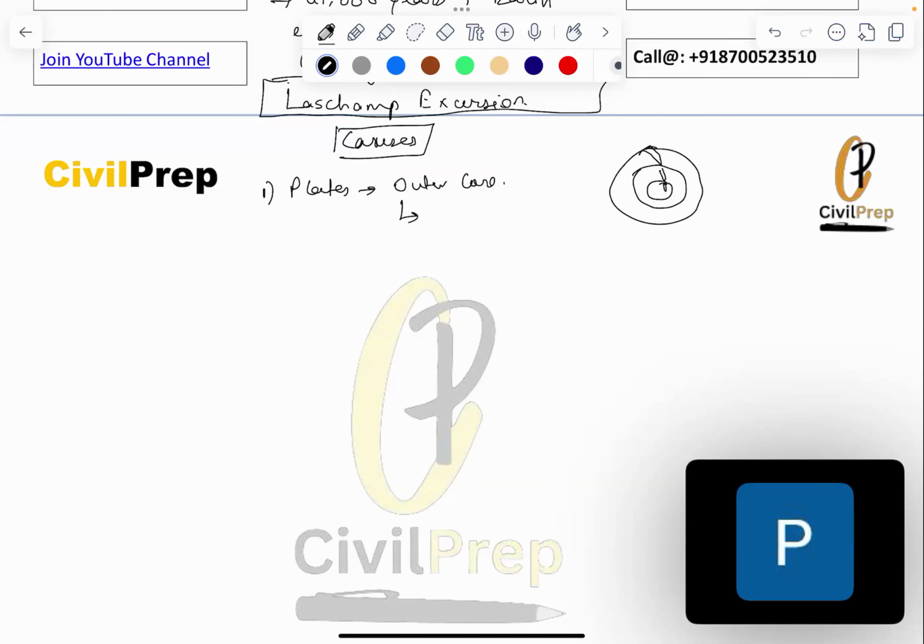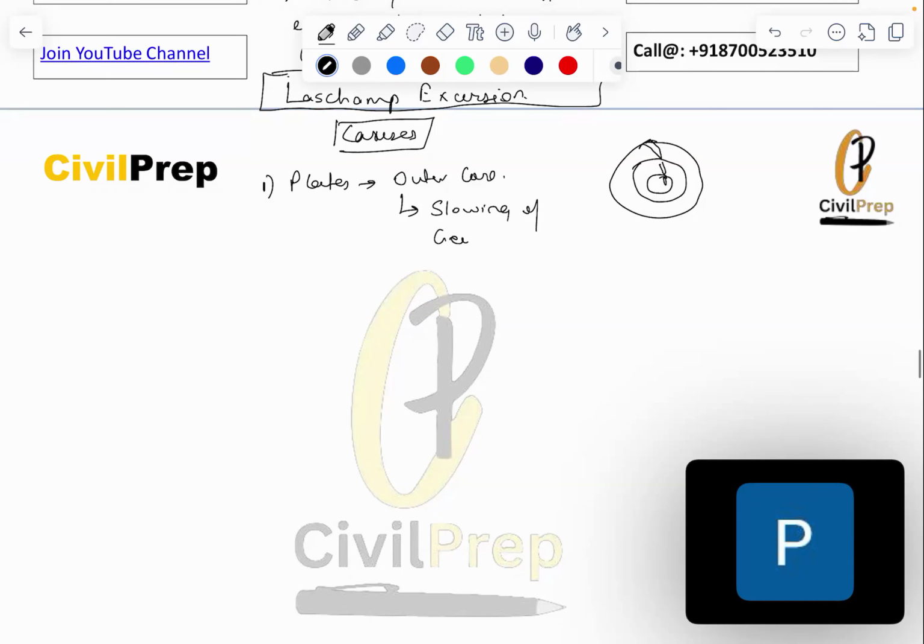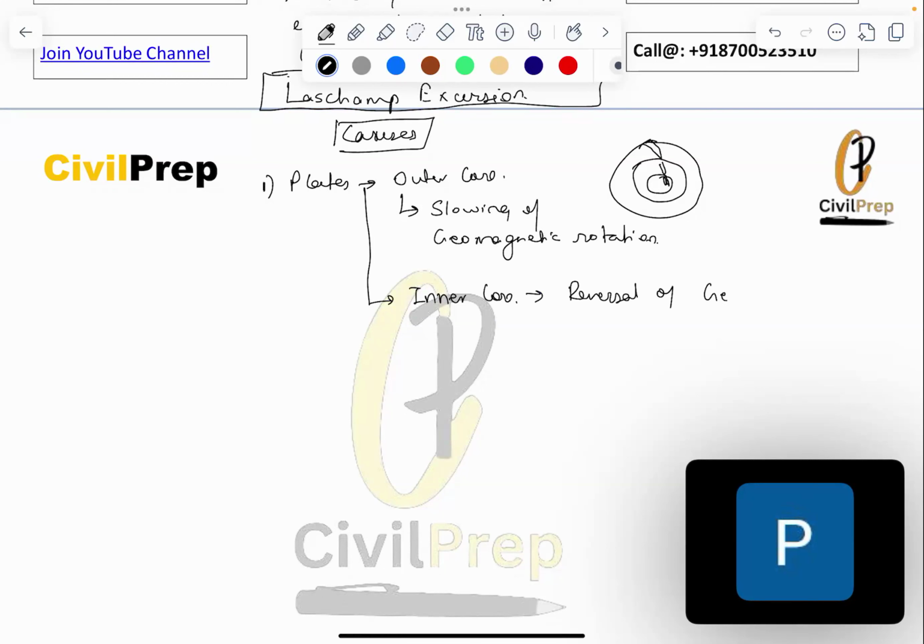there is a slowing of geomagnetic rotation. But when these plates enter the inner core, this results in the reversal of the geomagnetic field.